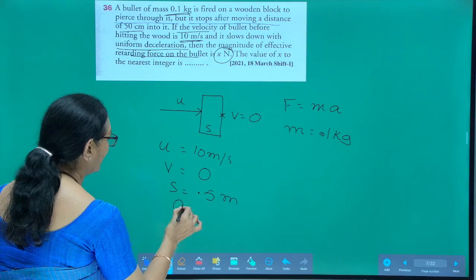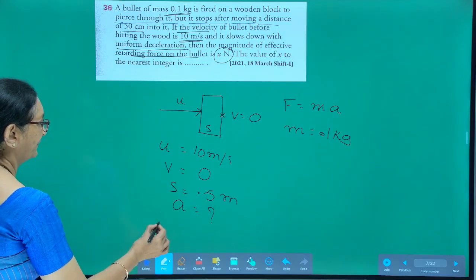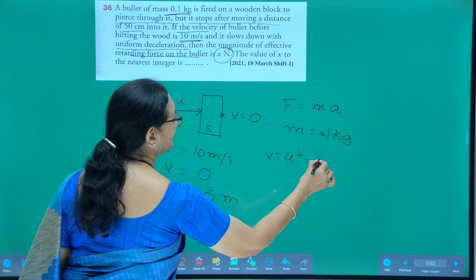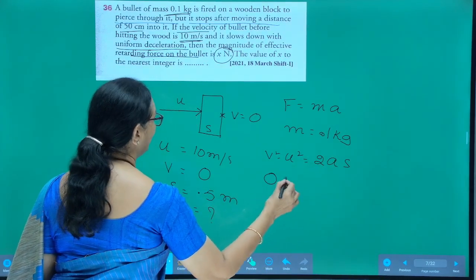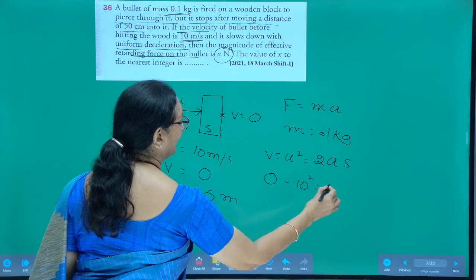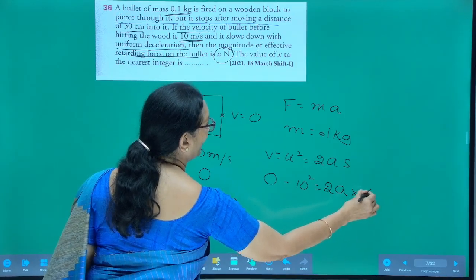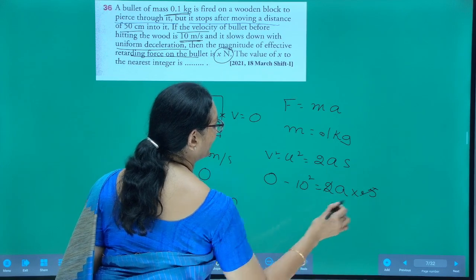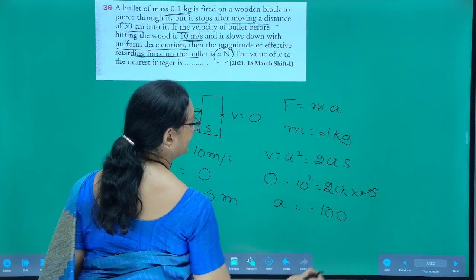So, find out acceleration. What equation connects them? v square minus u square is equal to 2as. So, minus 10 square is equal to 2a, s is 0.5 meters. 2 into 0.5 is 1, a is equal to minus 100.